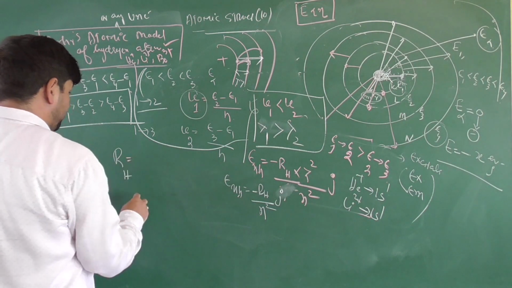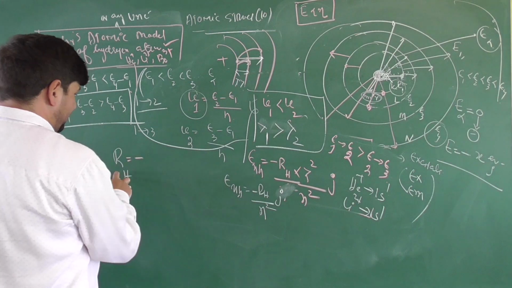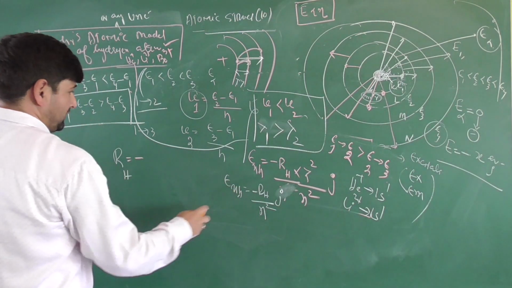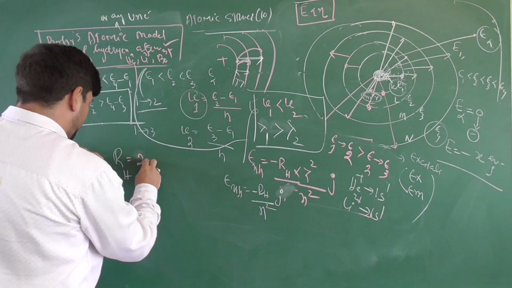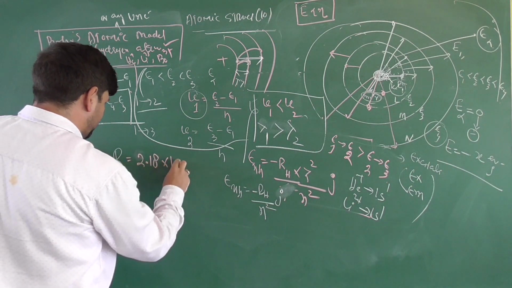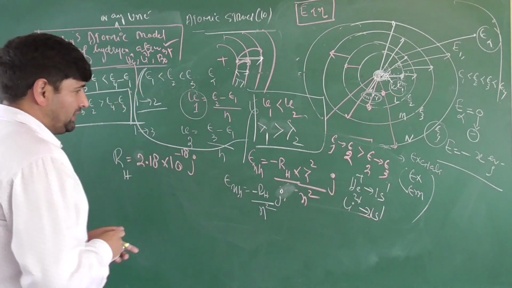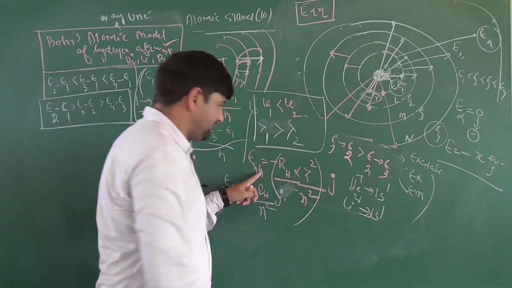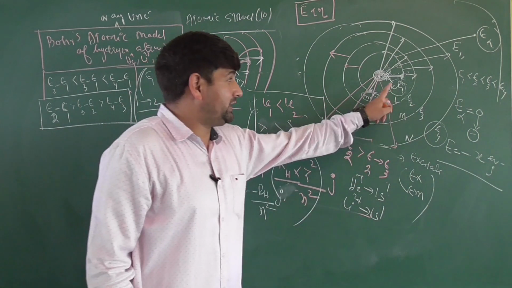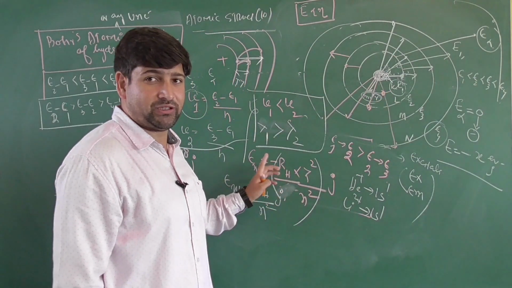RH equals 2.18 into 10 to the power minus 18 joules. And did you understand why I have used the minus value here for the energy? When the electron is present within the shell, the value of energy associated with it will be negative.